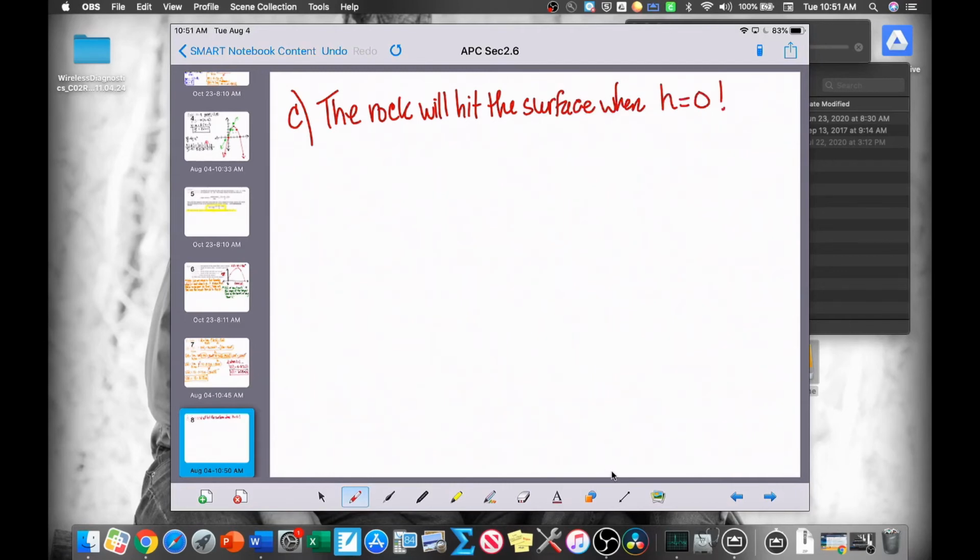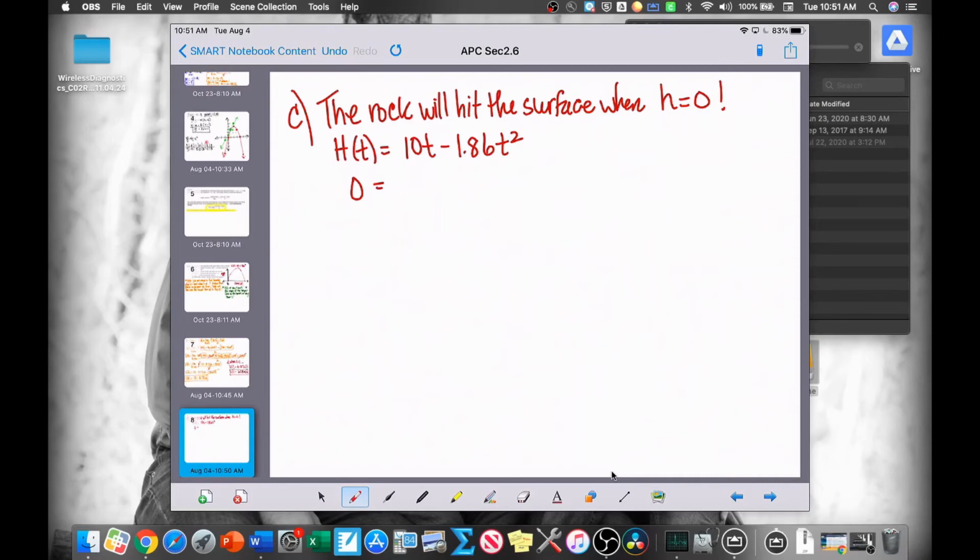So first, we have to figure out when that happens. Well, we have an equation for height, right? The equation that we're given for this problem was h of t is equal to 10t minus 1.86 t squared. So if I set that equal to 0, that's when the rock's going to be on the ground, when the height of the rock is 0.